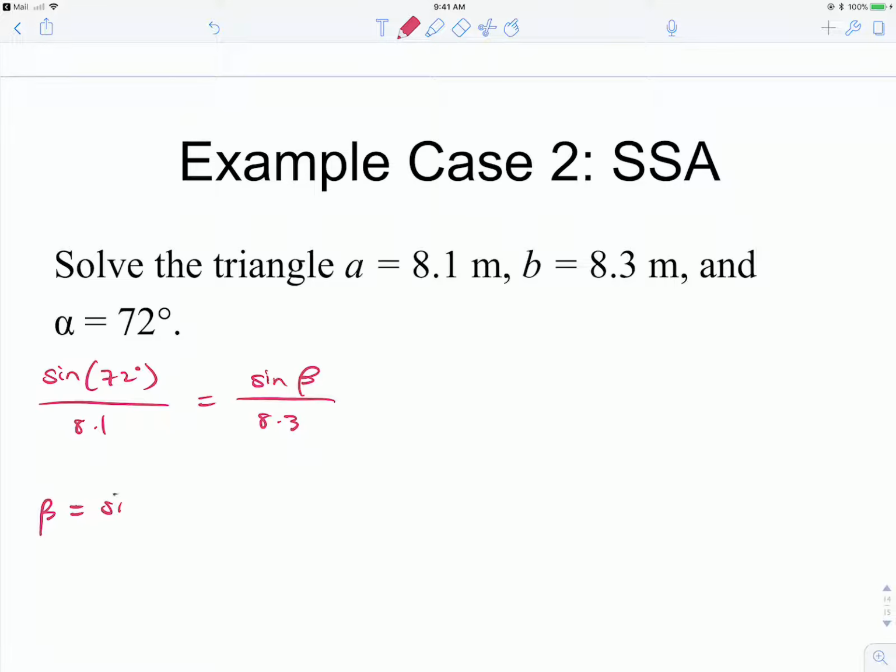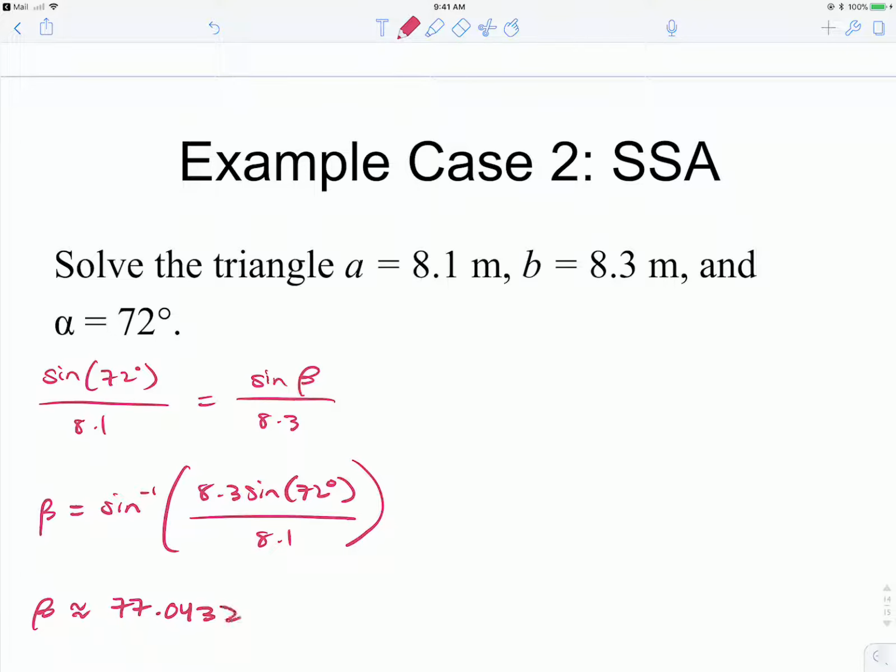So we're going to take the inverse sine of 8.3 times sine of 72 degrees over 8.1. So we get beta is approximately 77.0432 degrees.